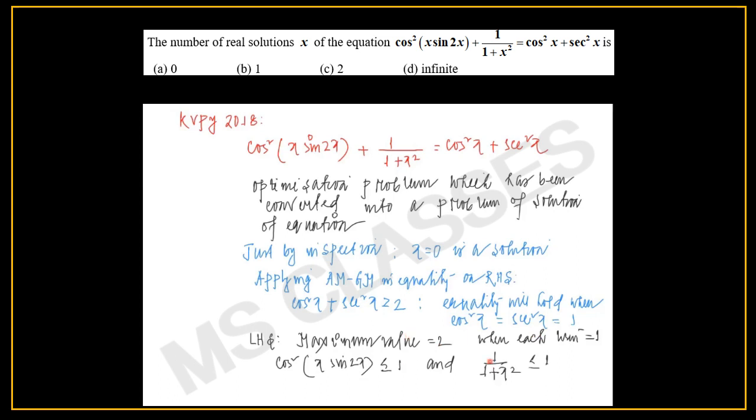And that is possible only when x equal to 0. So the only solution is x equal to 0, where each of the terms is taking the value 1.